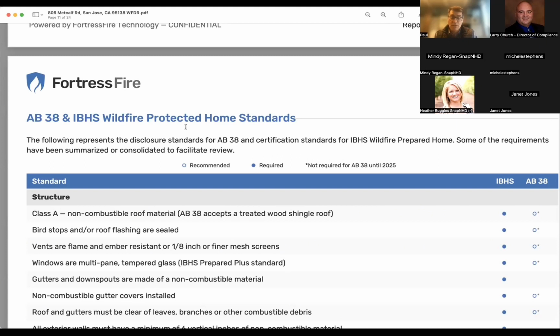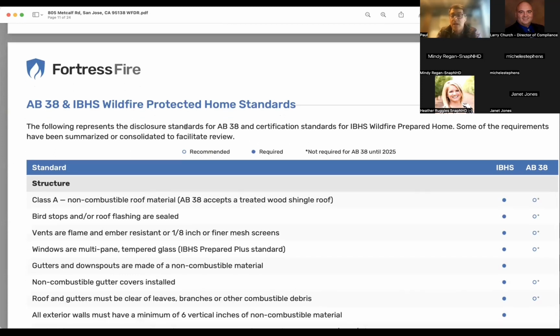IBHS works on behalf of insurance carriers and reinsurers. It is very tightly integrated with the approaches that CAL FIRE has established. So it is aligned to what AB 38 says, but the perspective of an insurer is different. They have their own proprietary requirements. IBHS seeks to standardize those.